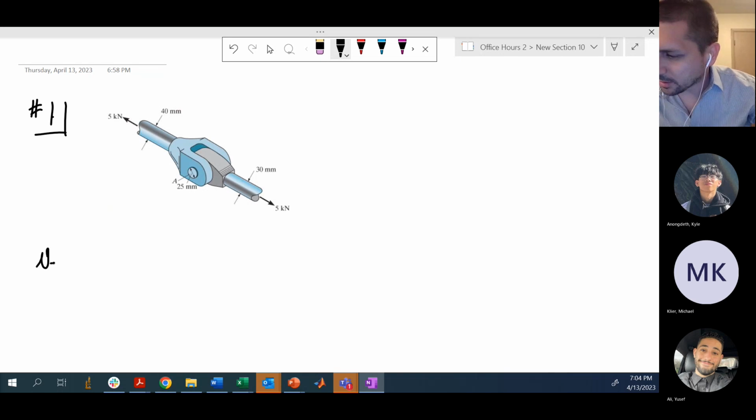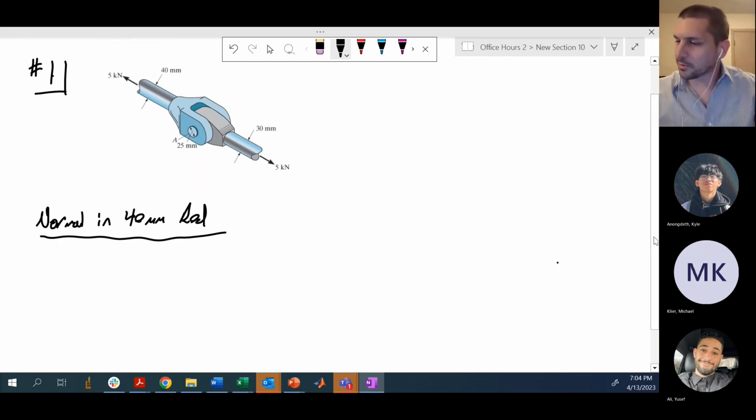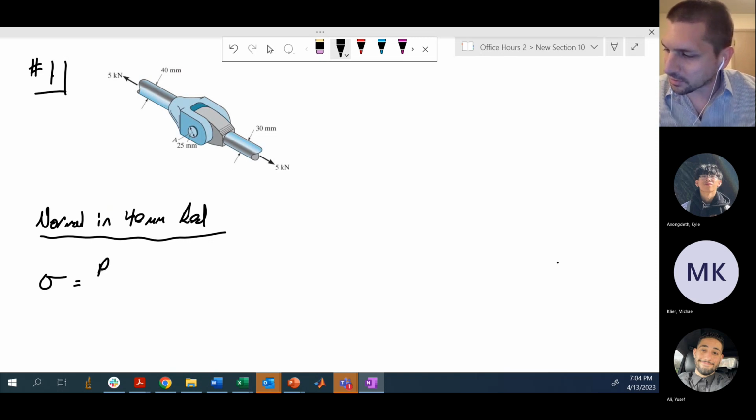So let's do the normal stress in the 40 millimeter rod. I think this is going to be pretty straightforward. Remember our normal stress: this is the most basic equation that we have in class, just your load divided by your cross-sectional area.